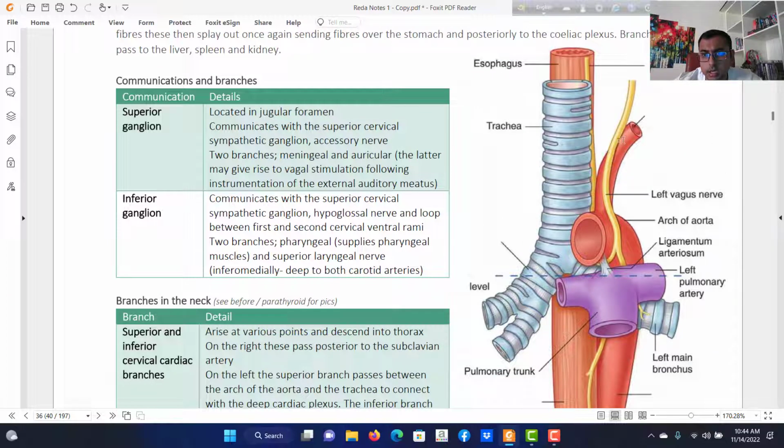Okay, the vagus comes through the posterior region. The left vagus gives the recurrent laryngeal nerve, which hooks around the arch of the aorta, and on the right side it hooks around the subclavian artery.